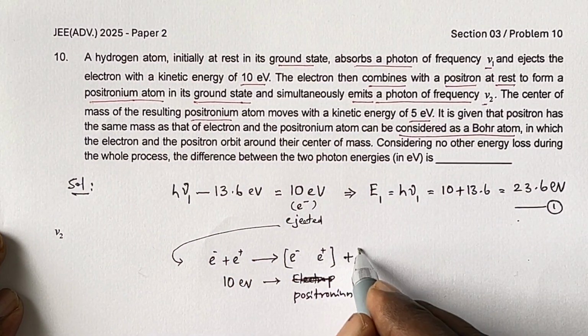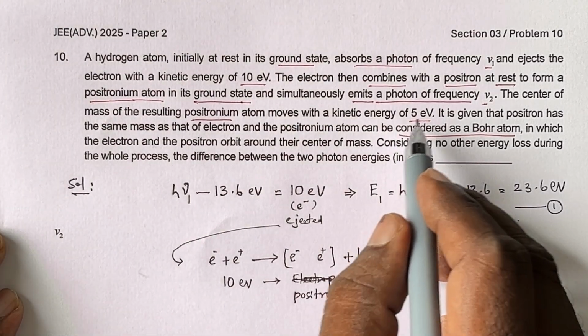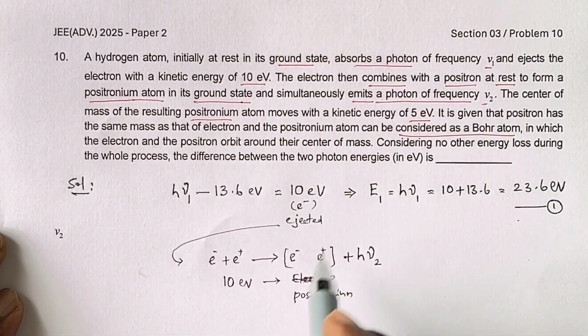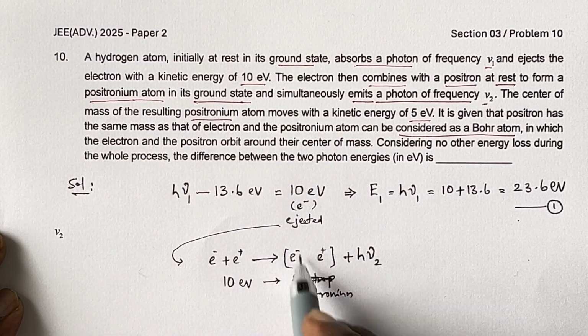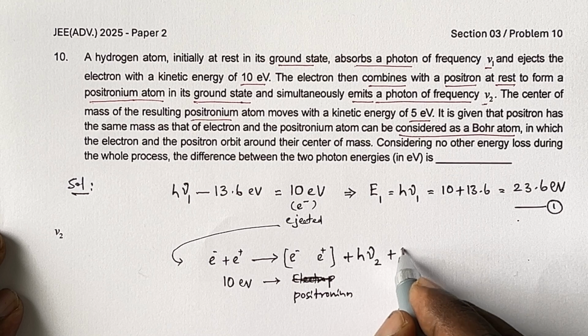It emits a photon of frequency nu2, and the center of mass of the resulting positronium moves with kinetic energy 5 electron volt.